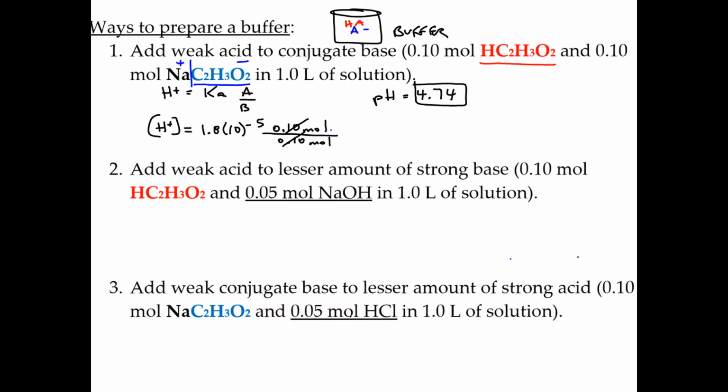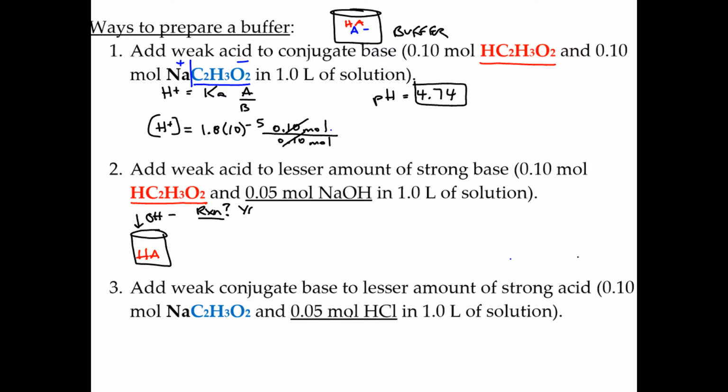In the next example, you're going to have only weak acid, acetic acid, and then you're going to add sodium hydroxide. So let's draw a quick picture. We have a beaker here. In the beaker we only have HA, weak acid, and then to this we add OH minus. So the first question you ask, is there a reaction?